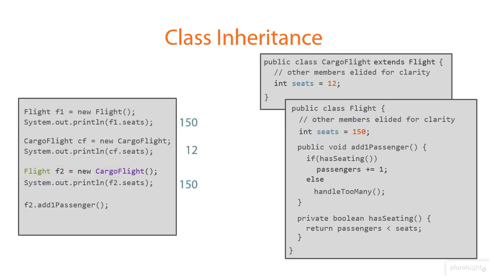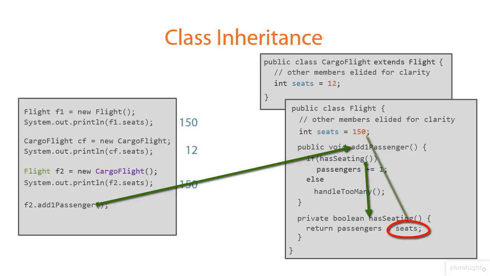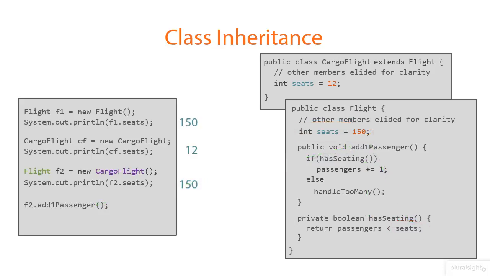If I call f2.add1passenger, which in turn calls hasSeating, when it checks the value of seats, it's going to use the value of seats defined inside the flight class, which is 150, which would allow us to add 150 passengers to a plane with only 12 seats. This is not limited to the scenario where the reference is of type flight.